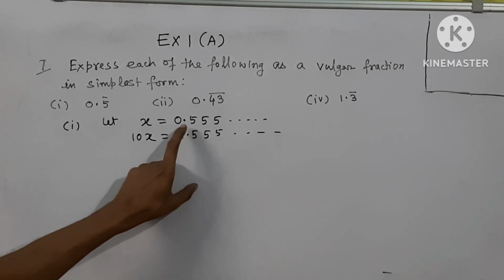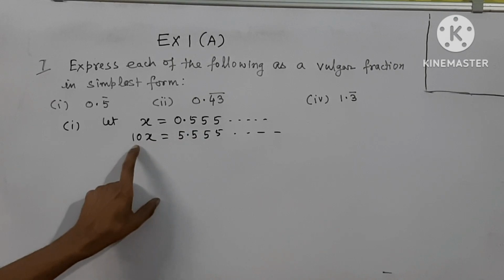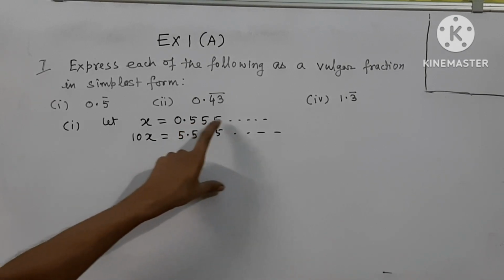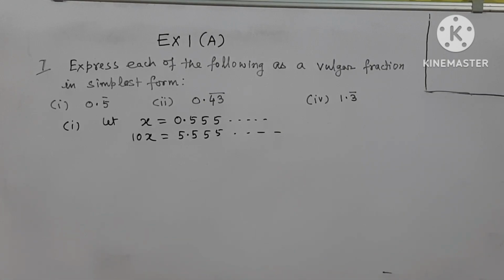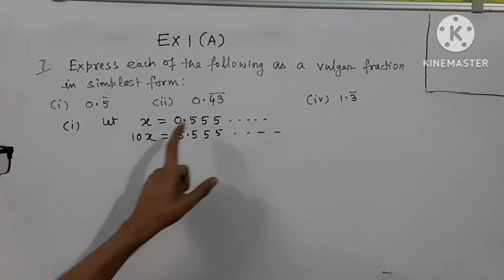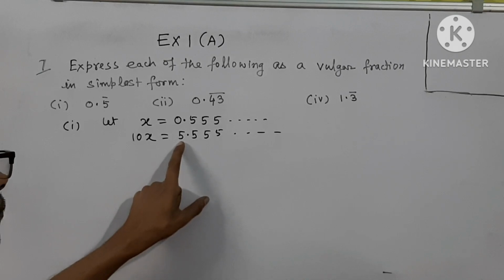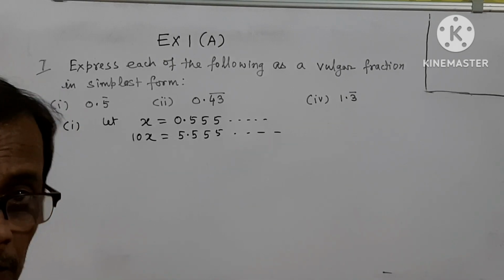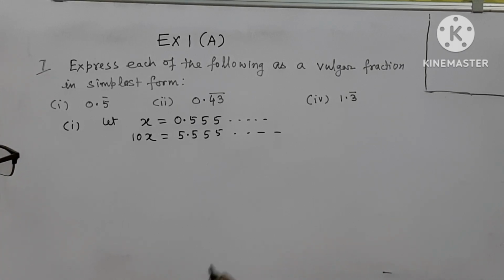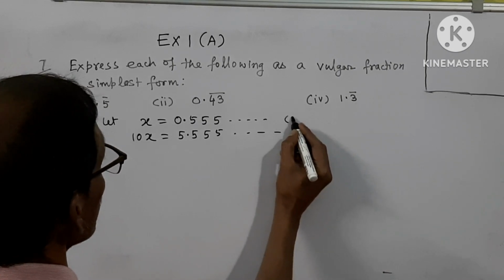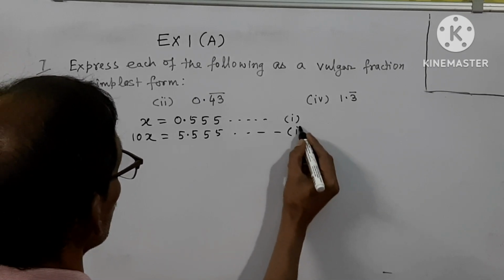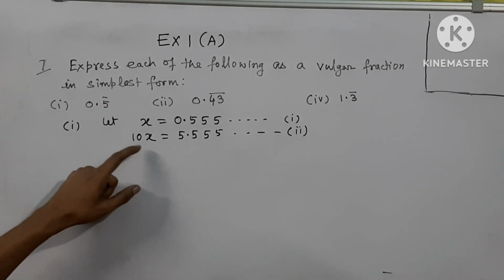You can see 0.5 into 10 is 5.5. So 0.5 with 5 repeating continuously, if multiplied by 10, will be 5.5 repeating continuously. So call this equation number 1 and this equation number 2.